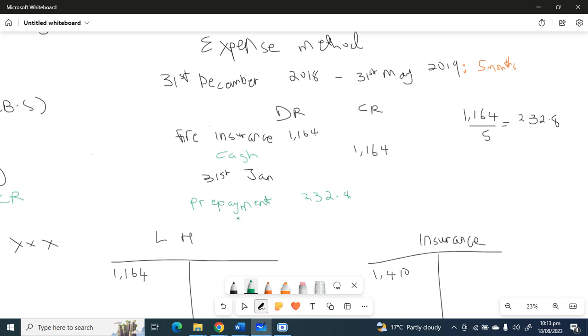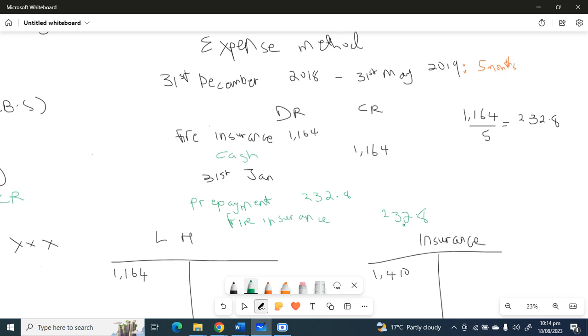Then you're going to credit the expense. So you credit fire insurance 232.8. If another month passes, the same journal entry. You debit 232.8, you credit fire insurance. The third month comes, until you reach 5 months, until the prepayment has been used up.